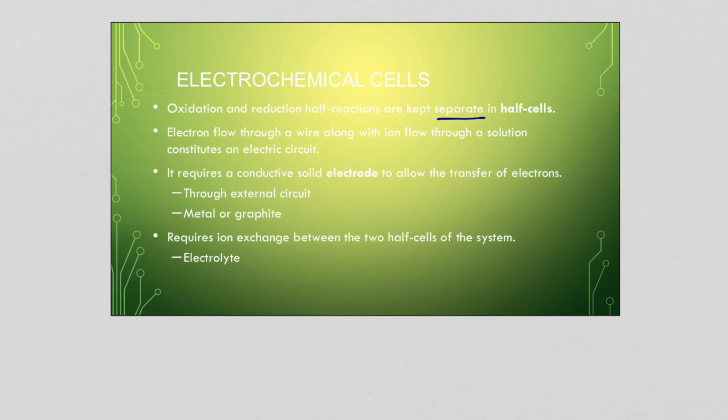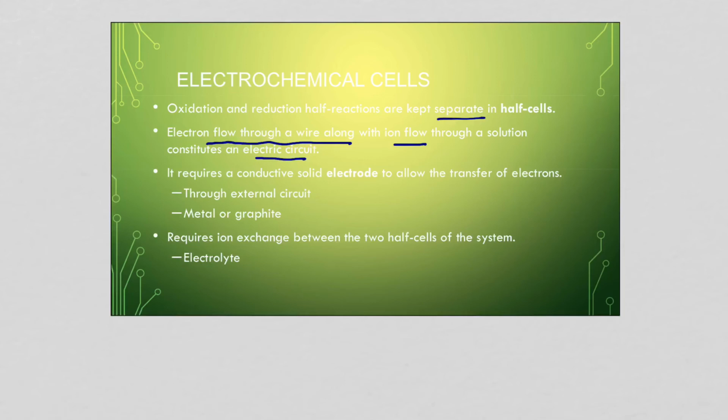But of course, in that process, we can potentially utilize those electrons to do work. Okay? So we're going to allow the electrons to flow through a pathway like a wire, and we're going to see ion flow through a solution, and so this circular flow of charge will create an electric circuit within our voltaic cell.